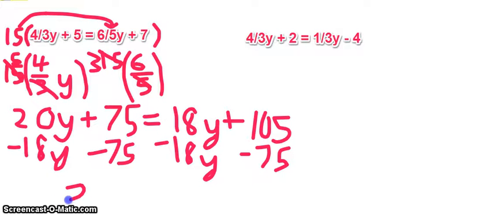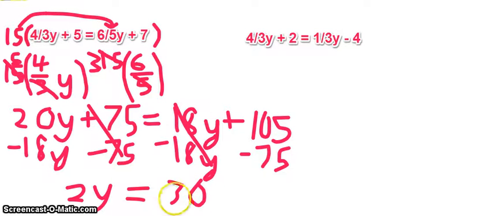And then you end up with 2. These 75's go away. On this side, you'll end up with 2y equals 105 minus 75 because these two go away. So therefore, that will give you 30. And then you divide that by 2, and then you get y equals 15.